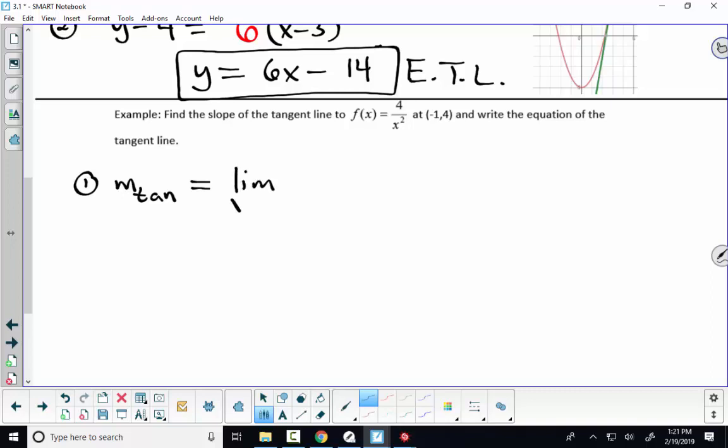Limit as x approaches -1 on what function? 4 over x squared, that's f of x, minus f of a, which is 4, all over x minus a, x minus minus 1, which is x plus 1. That's f of x, and this is f of a.